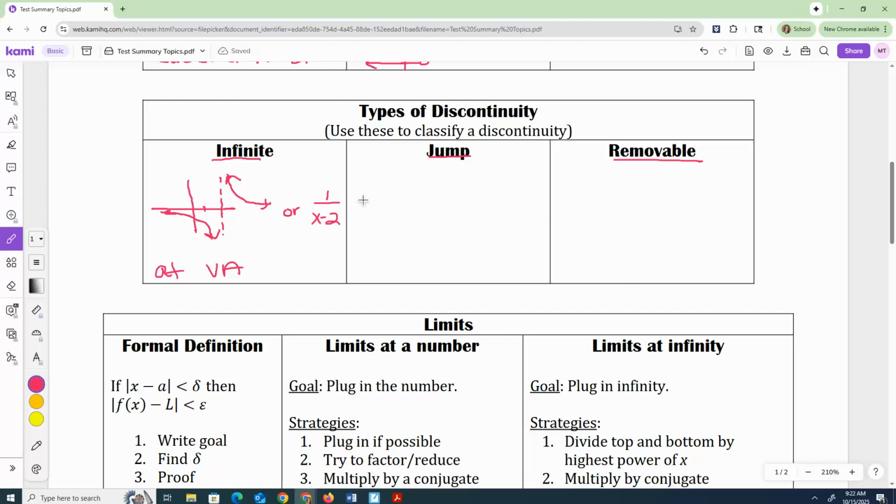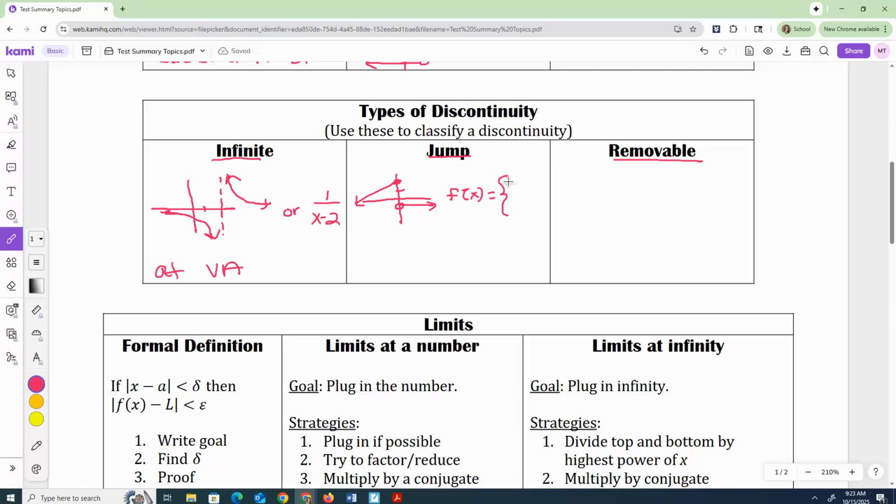What does a jump look like in terms of a graph? There's like 2 separate pieces. How did you identify it from an equation? Piecewise. Yes.